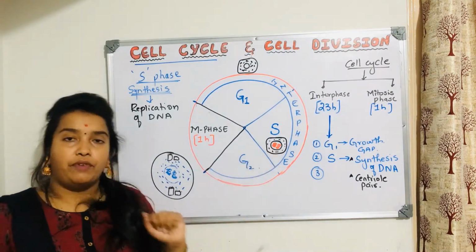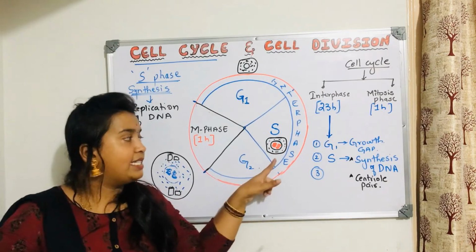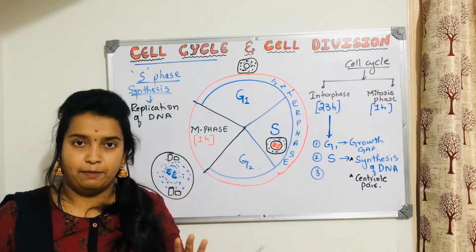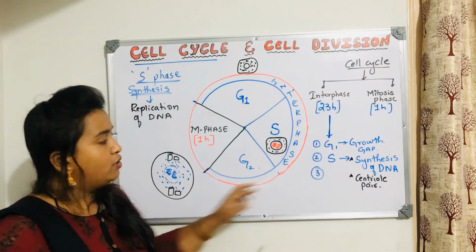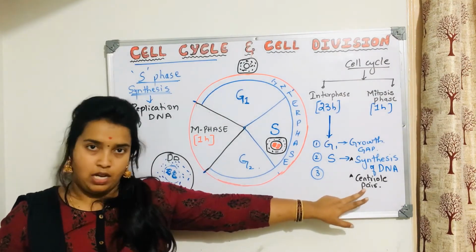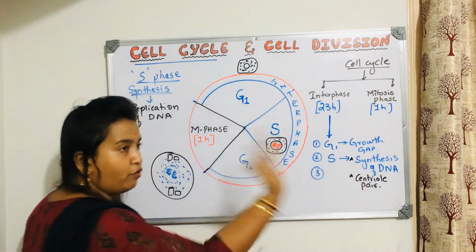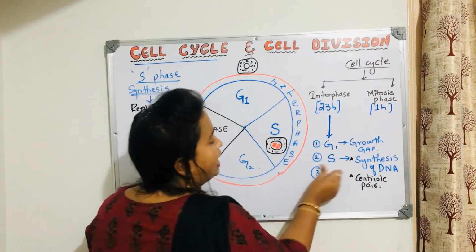So in S phase, DNA replication is happening. Along with that, in the cytoplasm, centrioles are dividing. Another pair of centrioles is produced in the cytoplasm. Please remember that: centriole pair means centrioles divide to form another pair. And where is it happening? It is happening in the cytoplasm.